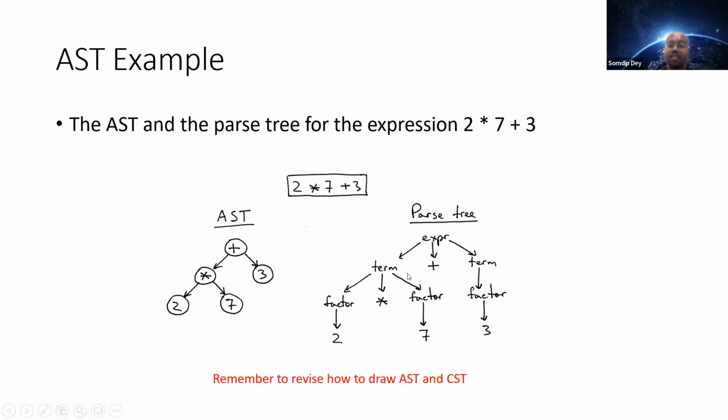And as I've mentioned earlier, the parse tree or CST only has a bit more information than the AST. The information consists of information about the node itself. Like 2 is a factor, and star is a terminal that is being used.